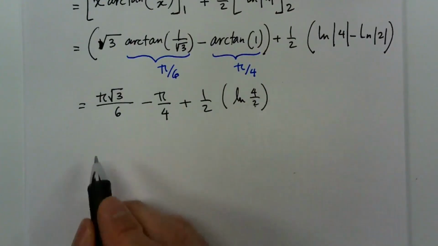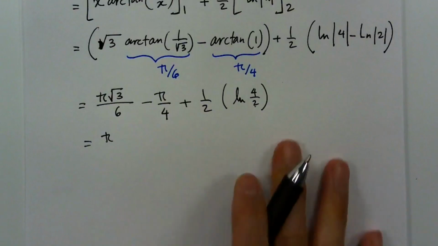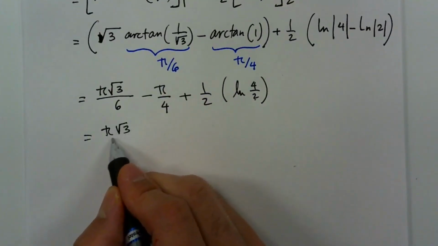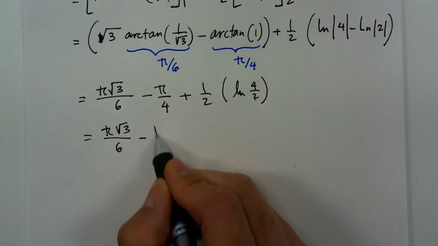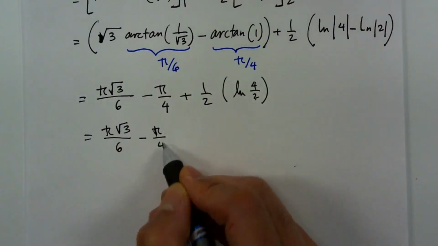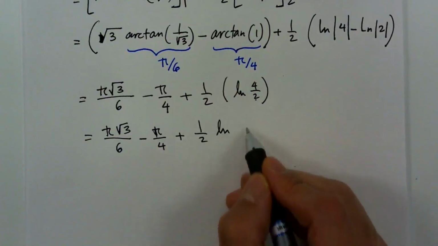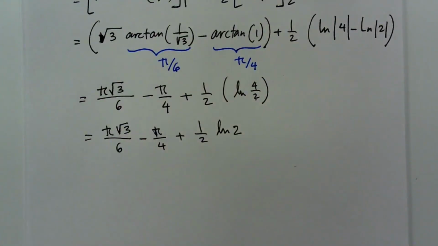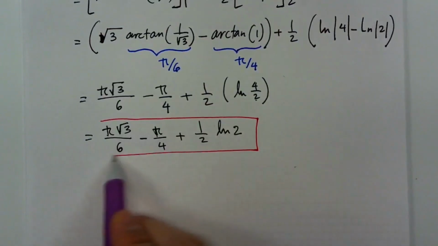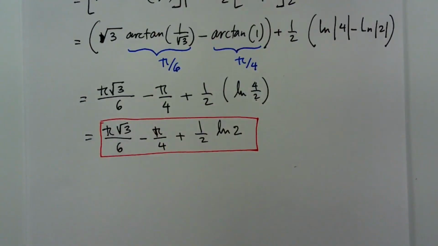Then, of course, this is 2, so we have pi square root of 3 over 6 minus pi over 4 plus 1/2 natural log of 2. And that's as far as we can take this. So that is our final answer.